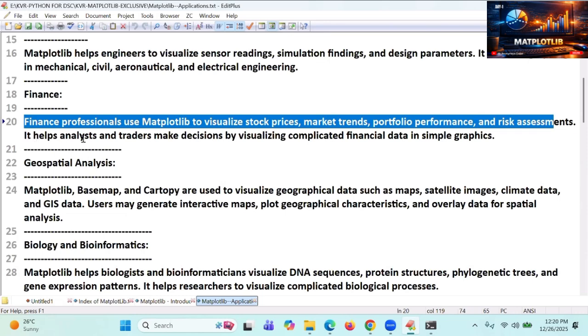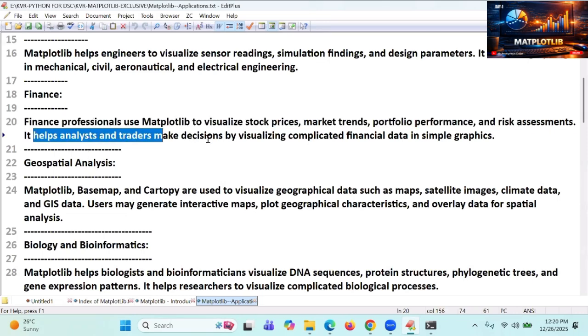It helps analysts and traders make decisions by visualizing complicated financial data in simple graphics. Suppose you want to invest in some stock, you will see that stock's progress. They show the trend over a year in the form of a line graph or bar graph.